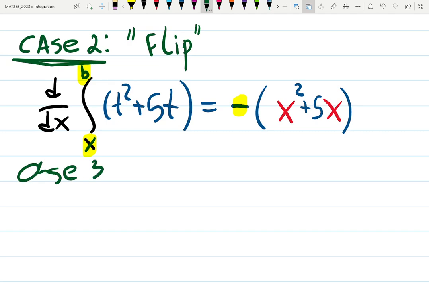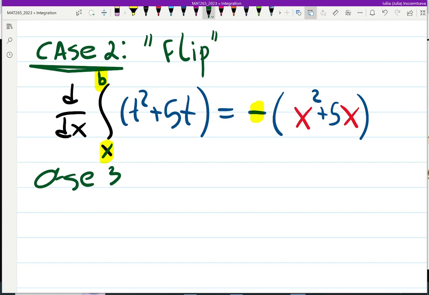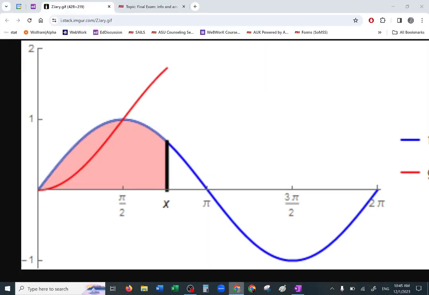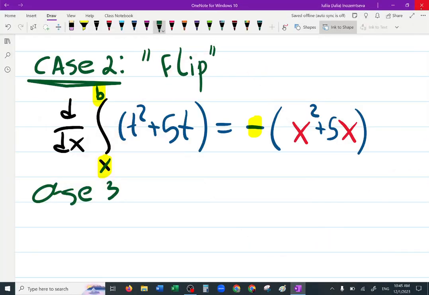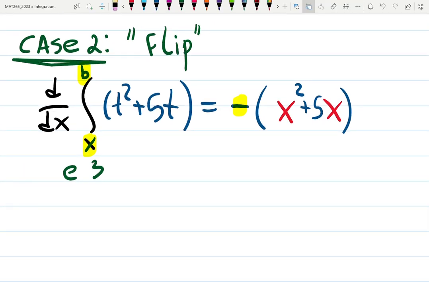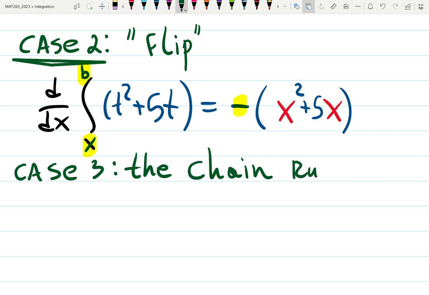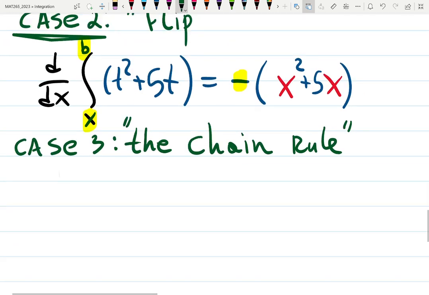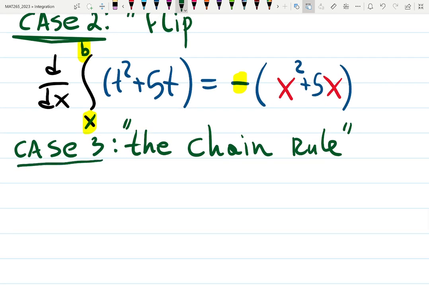Case 3 is the chain rule, your favorite chain rule. Those are my notes. I'm pretty sure in the book they don't do cases, they just tell you, you have to figure it out yourself because you're so smart. It's so obvious. So I always teach through cases. I think it's better.